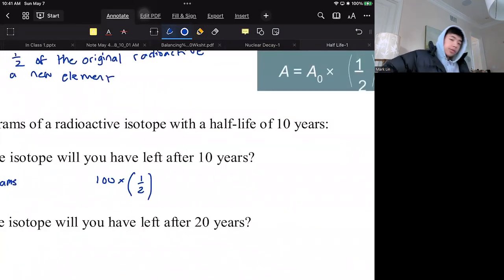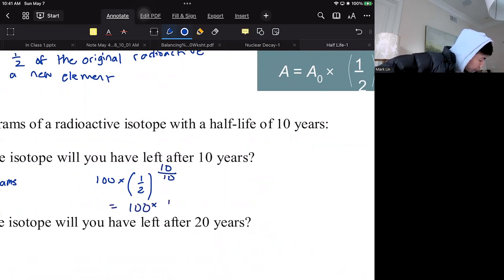The t on the numerator is the time elapsed, 10 years, and the half-life is 10 years. You plug this in your calculator, one half to the one, and it's going to be 50.